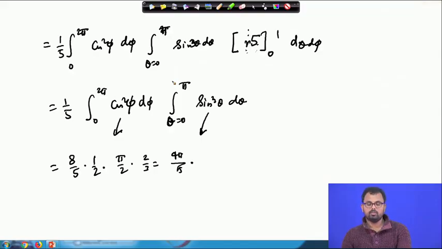So this one we can do at home, and this one also we can do by ourselves, writing cos square phi as that formula expression of cos 2 phi plus 1, and we can write sine cube theta as sine 3 theta formula. We can calculate these two integrals separately, and then substitute them, and that will give you the answer. So once you reduce them to a trigonometrical form, it's not that difficult.